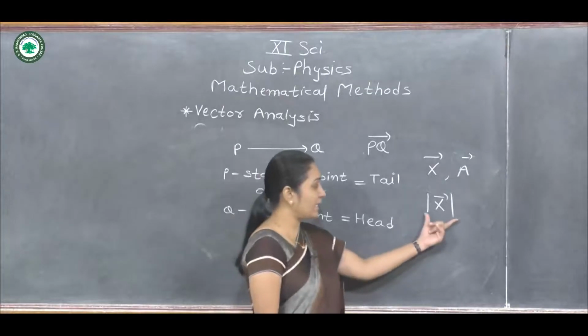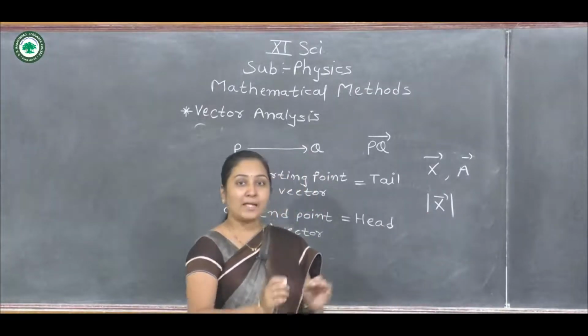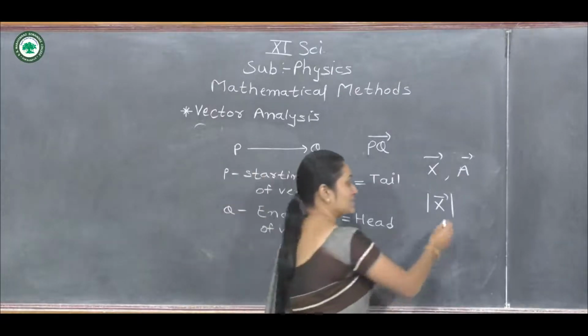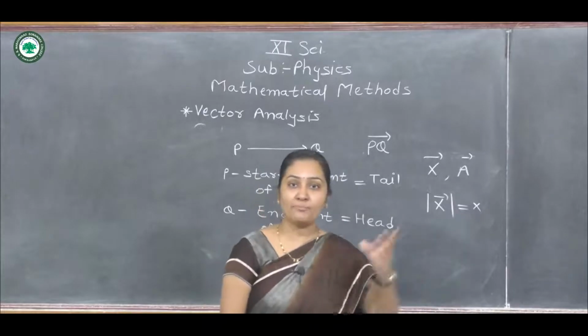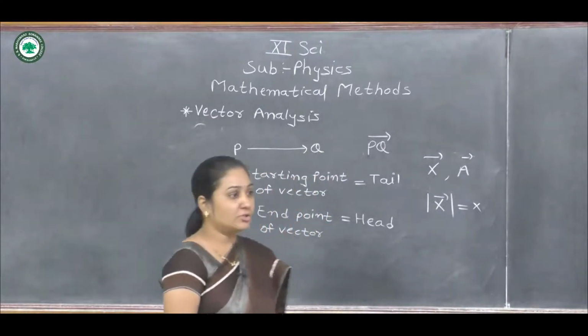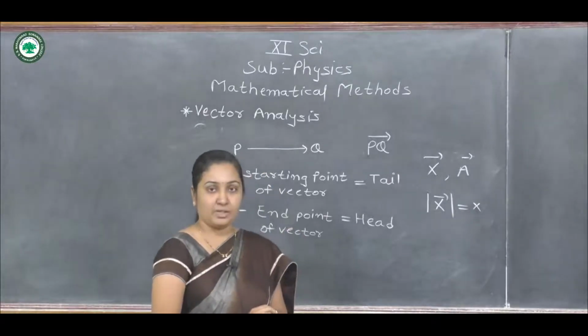Mod of x bar is nothing but the magnitude of the vector, that is x, that means the number or value of that physical quantity. So this is about the general representation of a vector.